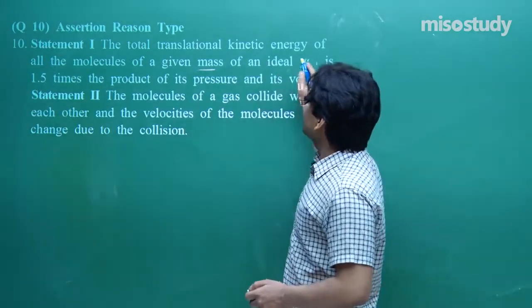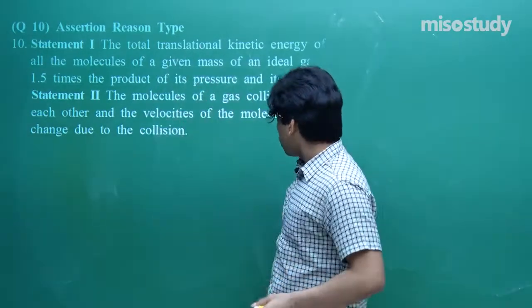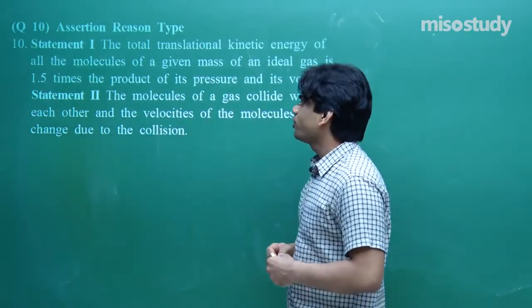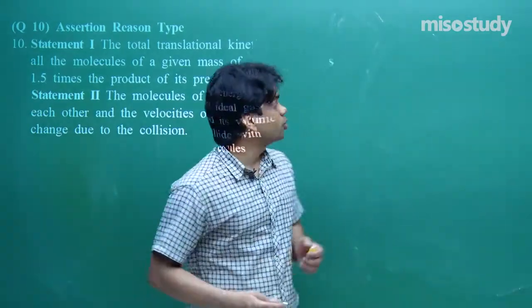The total translational kinetic energy of all the molecules of a given mass of an ideal gas is 1.5 times the product of its pressure and volume. Let's be very quick to check it.